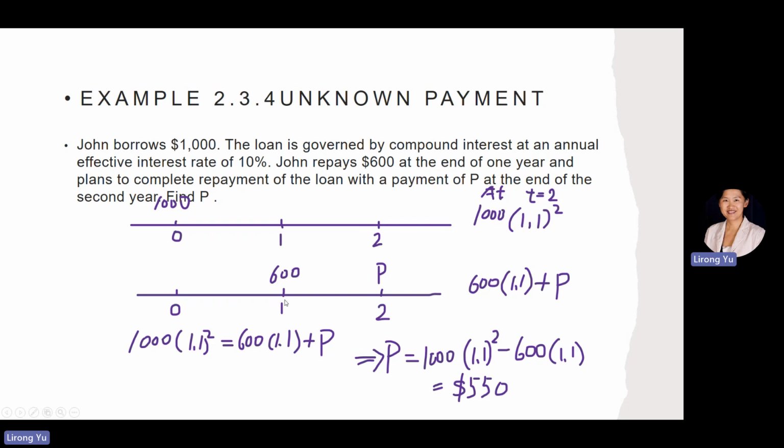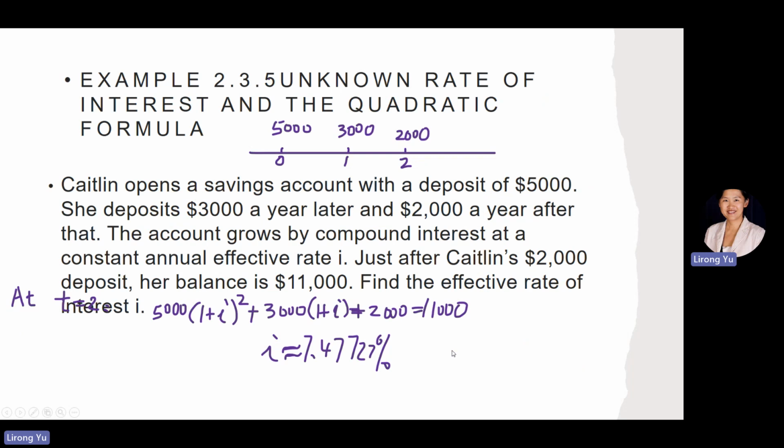At time 2, on the second timeline, the 600 is growing by 1.1 times, and the P is a value at time 2, so there's no growth factor, no accumulation on P. These two cash flows should have the same value at time 2, so we set them equal and solve for P.